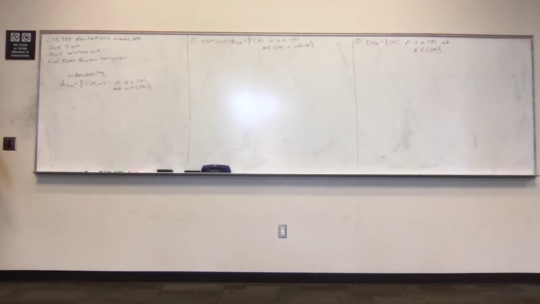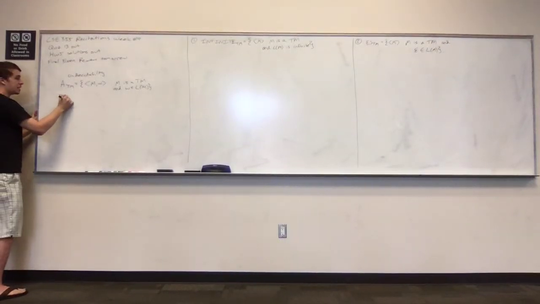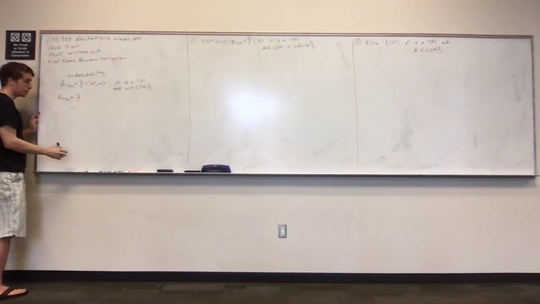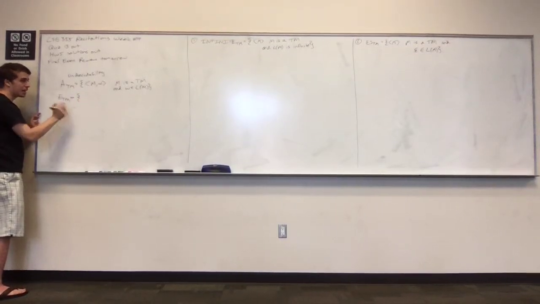We showed that that was undecidable because if it were decidable, then we made another Turing machine that disagreed with itself. Whatever it said, it did the opposite. So therefore, we showed that ATM was undecidable. What was another language we saw was undecidable? ETM, yeah. ETM is about asking emptiness.